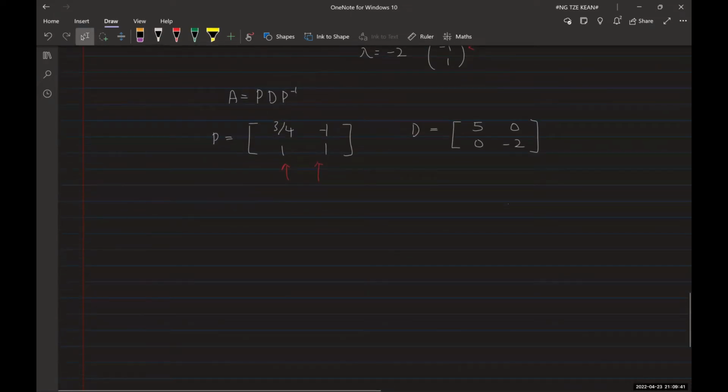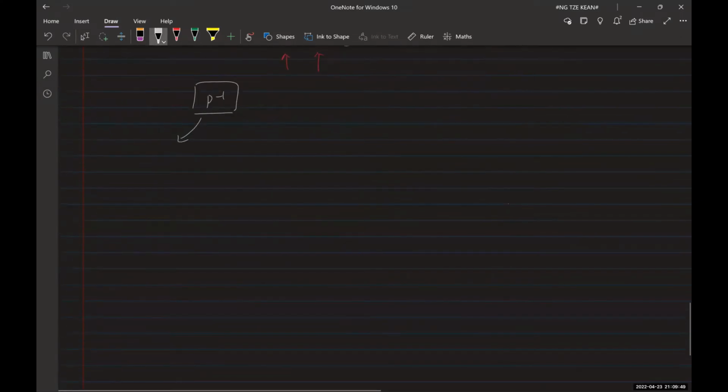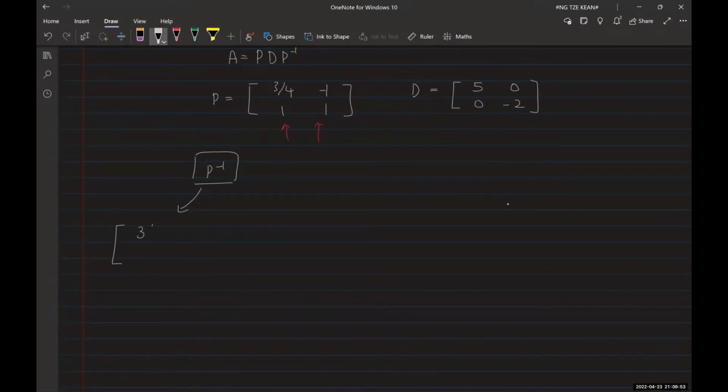So just take note, P inverse. So to calculate P inverse here, there are 2 ways. First way, we do this. We have P. We form the identity matrix here, and then we solve such that you obtain this form here.